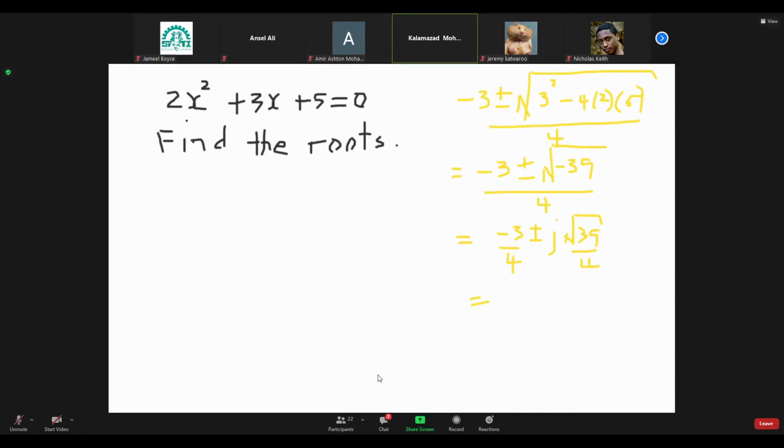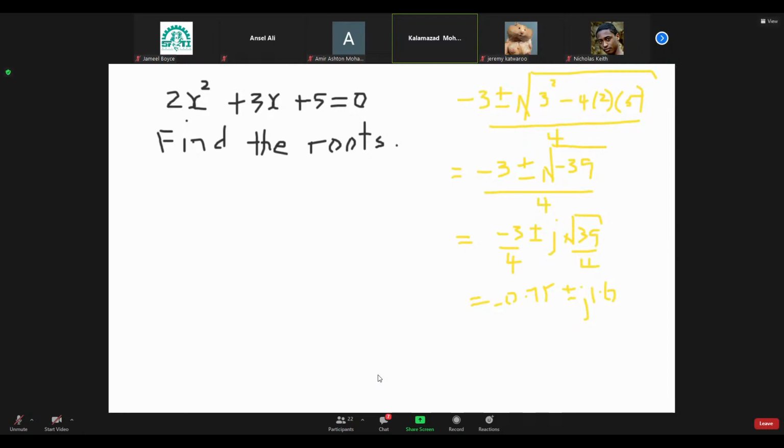Minus 3, this should give you minus 0.75 plus or minus the square root of 39 divided by 4, which is 1.56.